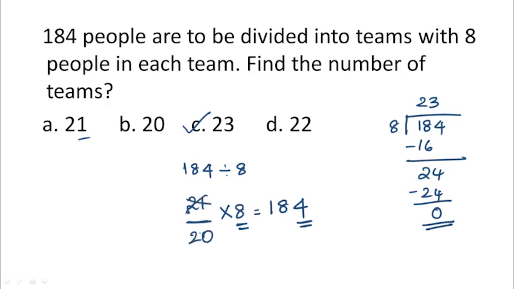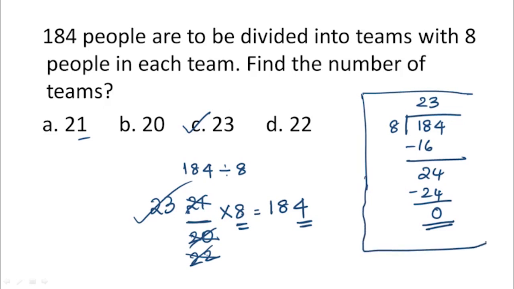If it was 20 into 8, it is 160. Cannot be your answer. 22. 2 8s are 16. So last digit has to be 6. Not possible. But if it is 23, 23 multiplied by 8, 8 3s are 24. So last digit is 4. Yes, that is possible. So your answer has to be option C. Either you can divide it like this using the long division method and find out what the answer is, or you can check with the options and get the answer. The correct answer here is option C.